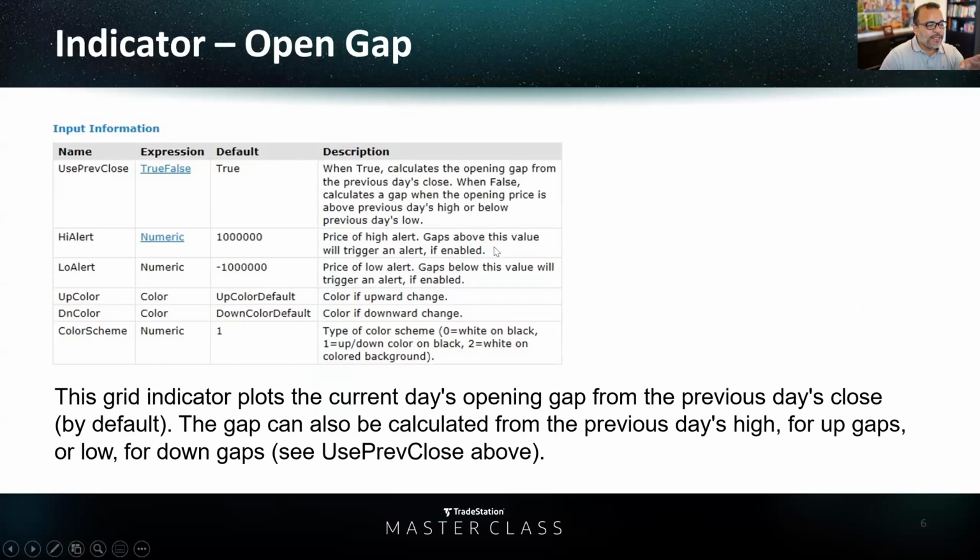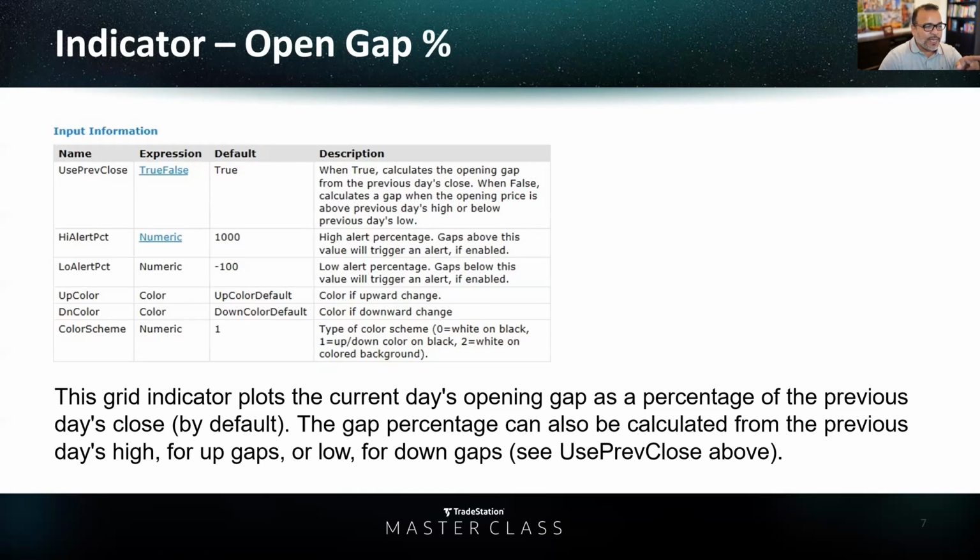PowerPoint, which you have as a PDF. And I'm going to take a look at these two next indicators, indicator open gap and indicator open gap percentage, because this is the indicator that looks at the opening price of the chart and compares the opening price to the close of yesterday.